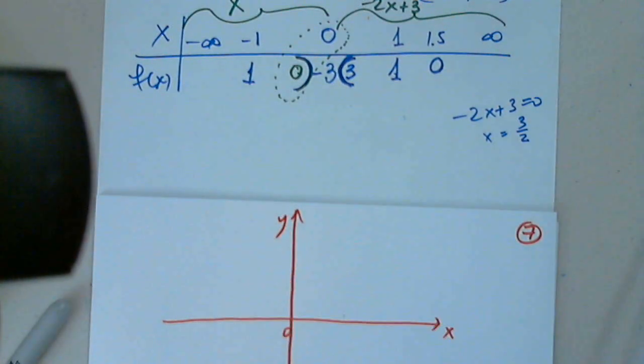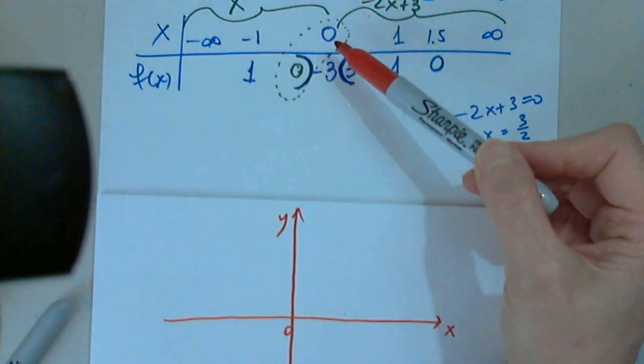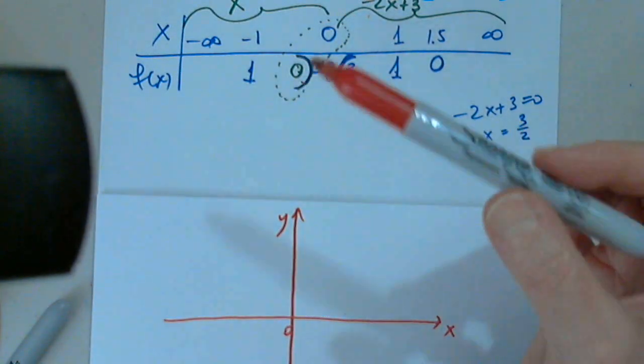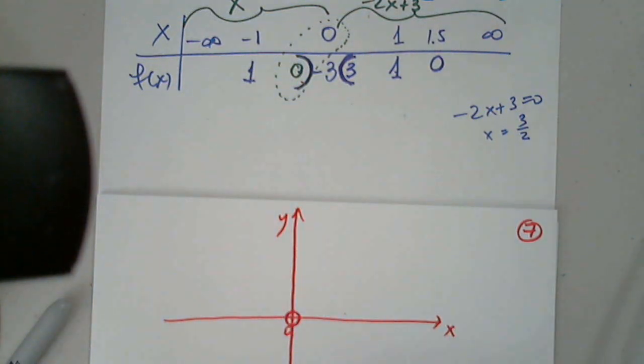Stop me if you have questions anytime. So I see 0, comma 0. Okay, so this is this point, but it's an open point. Let me erase the origin from here so you don't get confused with this. I can put it in later when we finish.